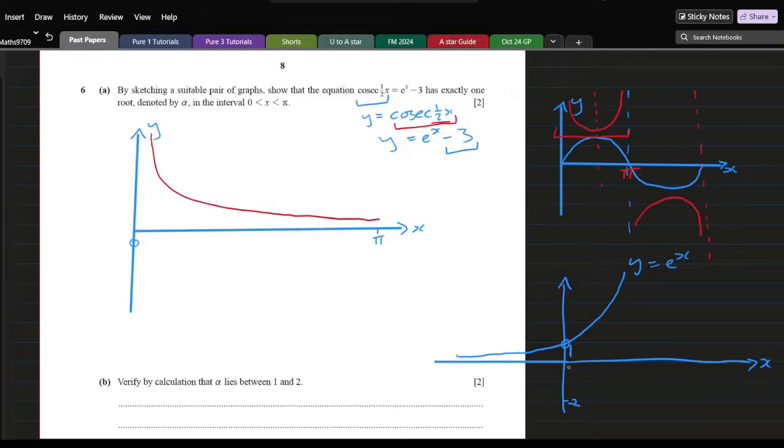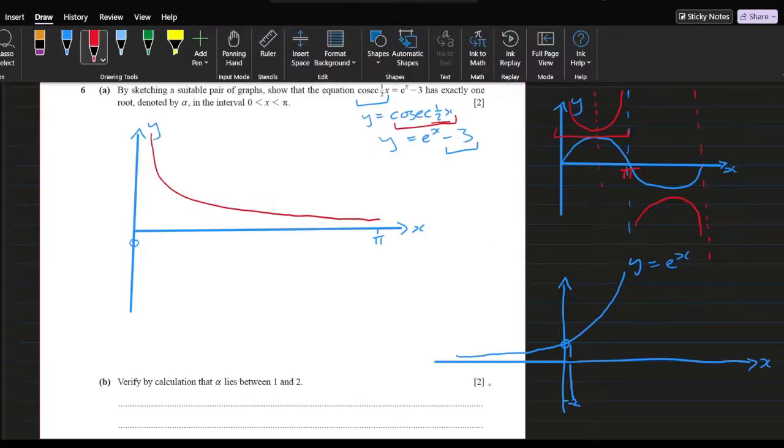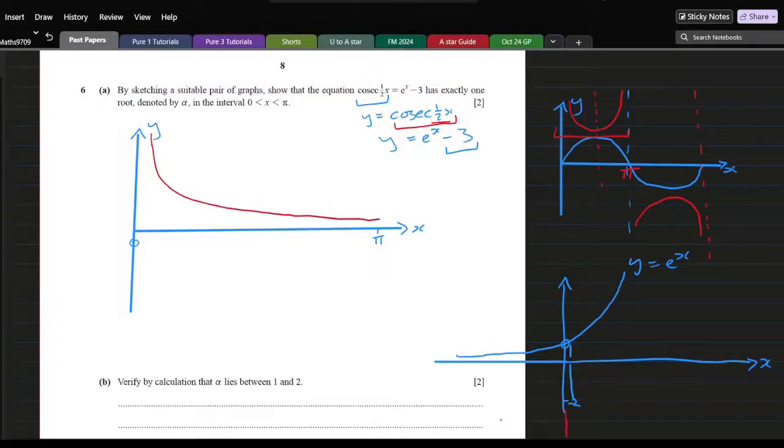So 1, 2, 3, meaning that the graph that we would have would be the same graph that we are dealing with. If we extend this downwards, it means our asymptote here would be at this point here, and now it's passing through the point -2, and it's the same shape.